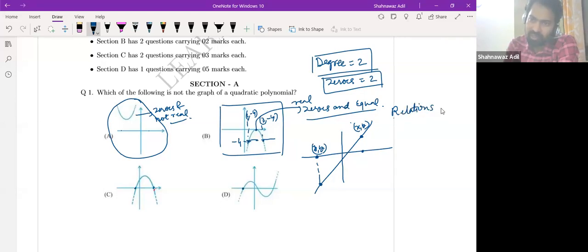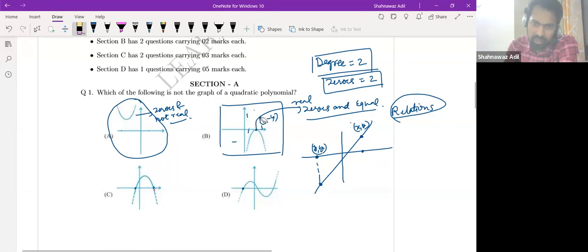In that chapter, you will see that there are different kinds of equations, quadratic, linear, and they have different kinds of relations, like one-one, many-one, and so on. The crux of this discussion is that this is not a linear one, because it contains two values of x for the same value of y.